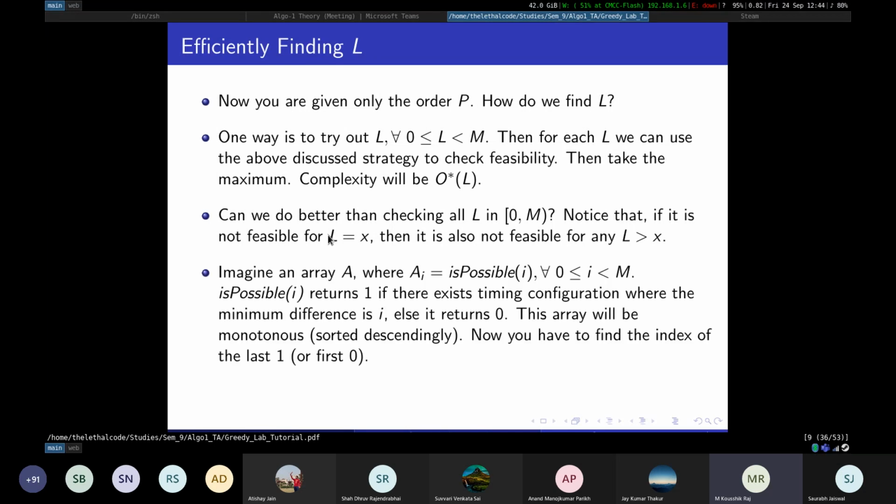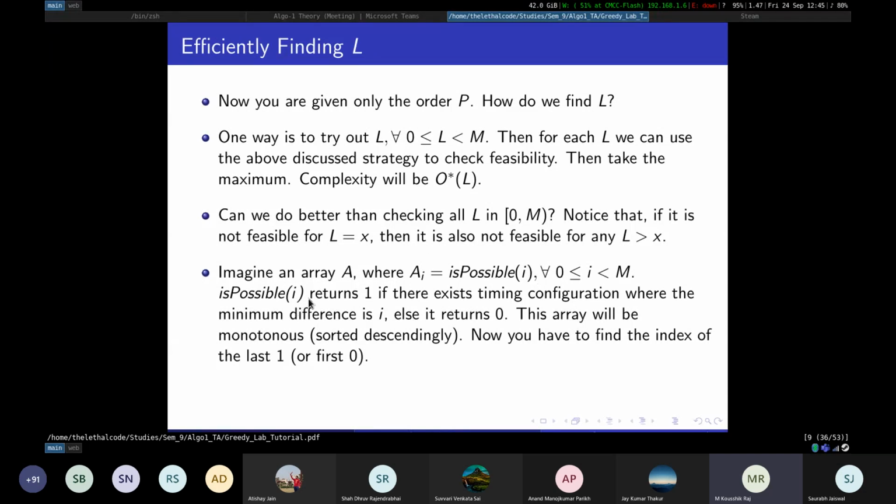So what I am doing is trying to create an array A, where A[i] is isPossible(i). The length of the array A will be M, where the ith index represents whether isPossible(i).